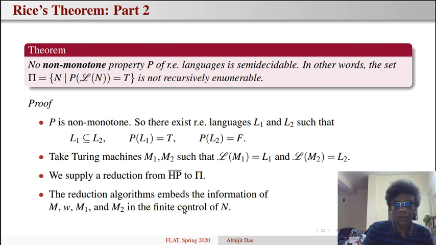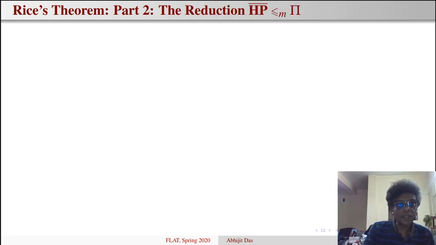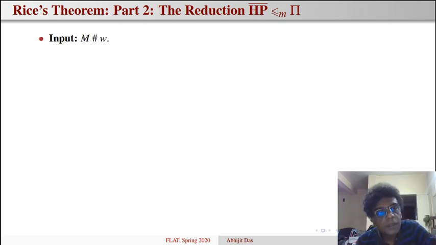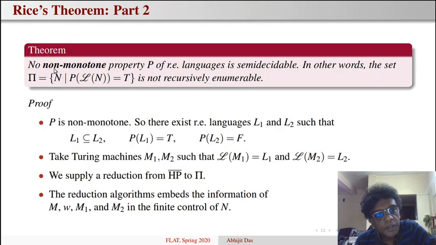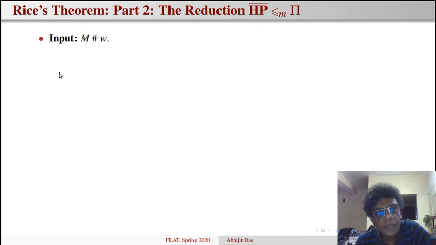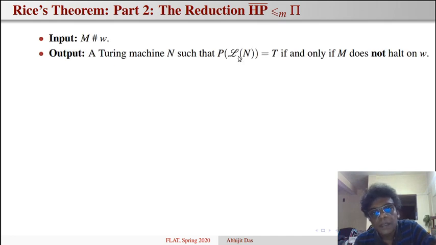Like the previous reduction, the input is M hash W, which is an instance of this halting problem or its complement, and the output will be a single Turing machine N, such that the language of N satisfies the property P. In other words, P of L of N is true if and only if M does not halt on W. If it halts, then this property is false.